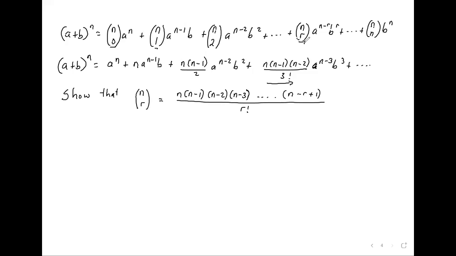You would notice that the next term after 3 would be n minus 1, n minus 2, n minus 3, and because we have a 3 here, down we have a 4 factorial. Since when we had the 1 here, down it was 2. When we had the 2, down it was 3, plus n minus 1, n minus 2, n minus 3, n minus 4. We should have a 5 factorial here.